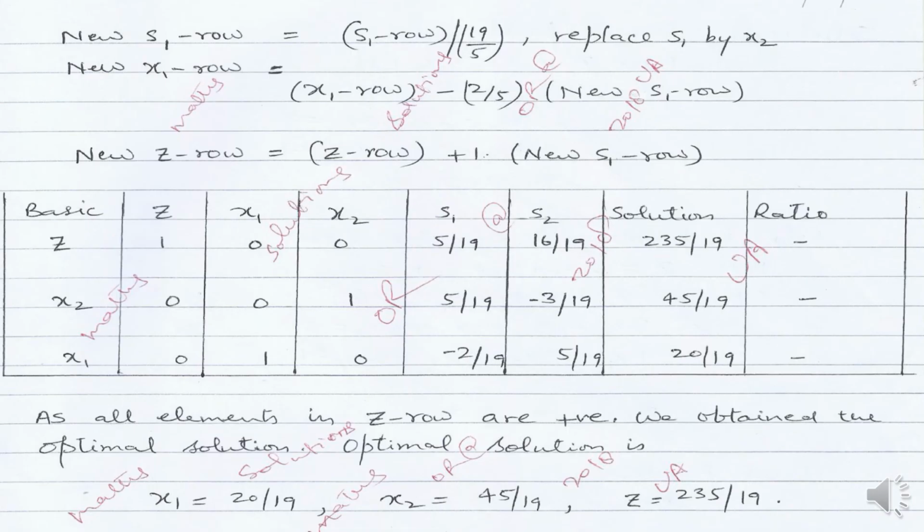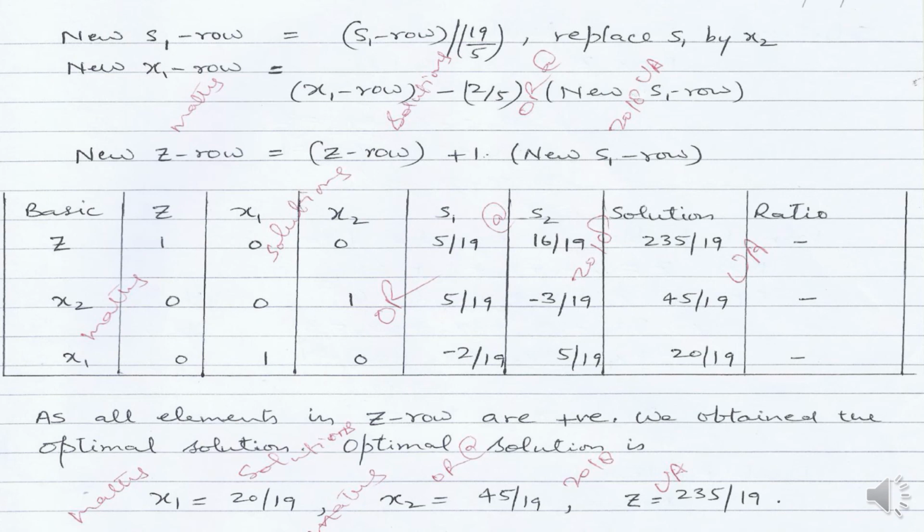We write the next table with the help of these formulas, and these are: new x1 row is x1 row minus 2 upon 5 into new s1 row, and new z row is equal to z row plus 1 new s1 row. So we got this table after doing calculation, as we did in the previous one element calculation. In z row we check there is no negative element.